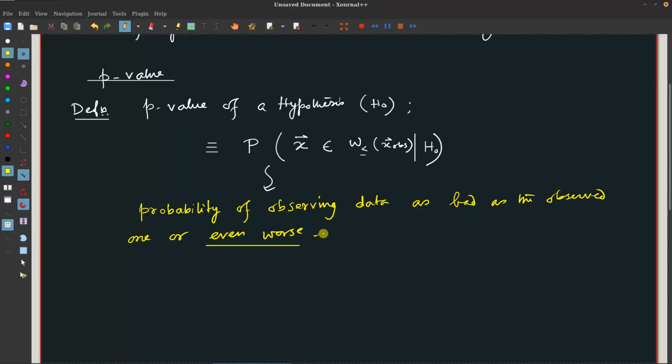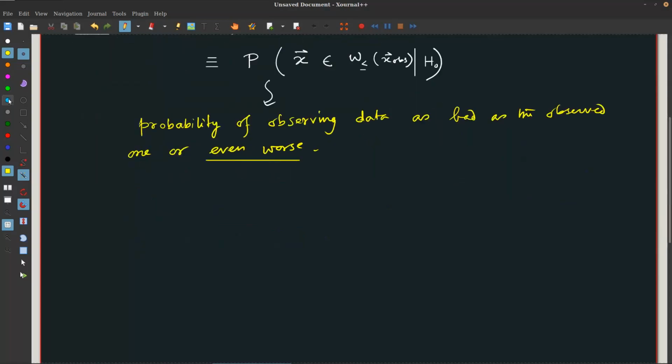Suppose, in a coin tossing example, the example I gave you is that in a 2000 population school, there are 800 girls and let's say 1200 boys.